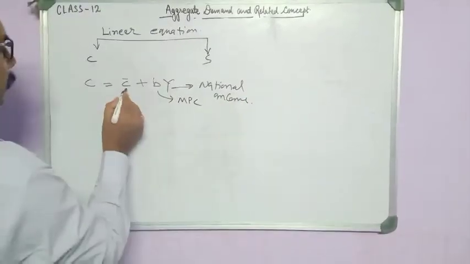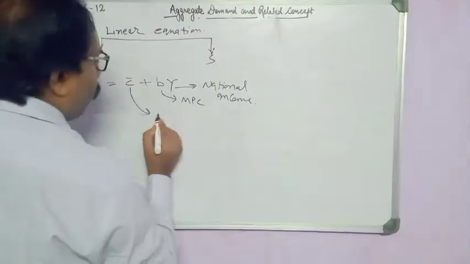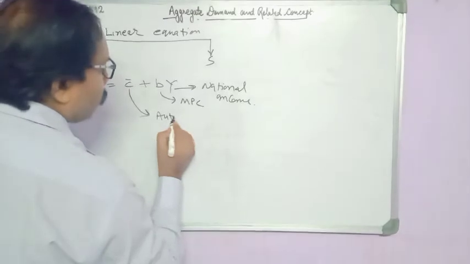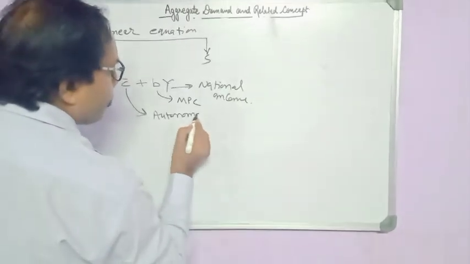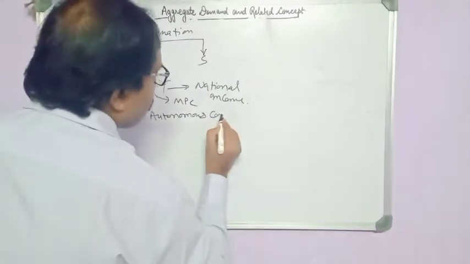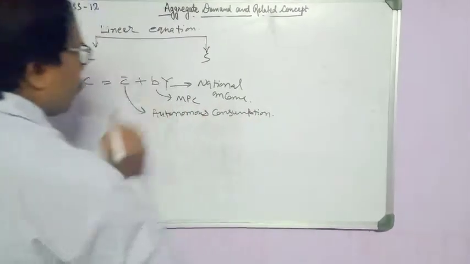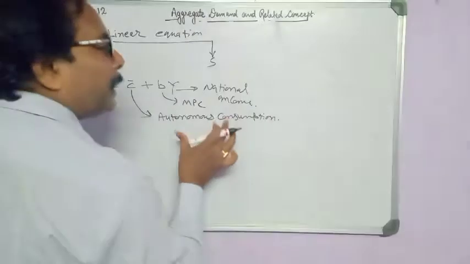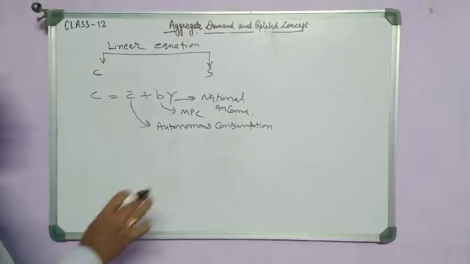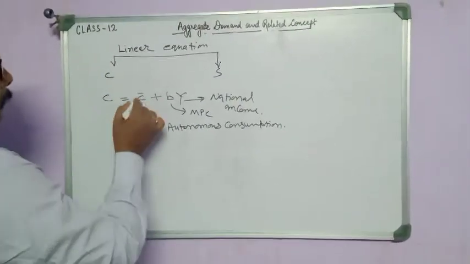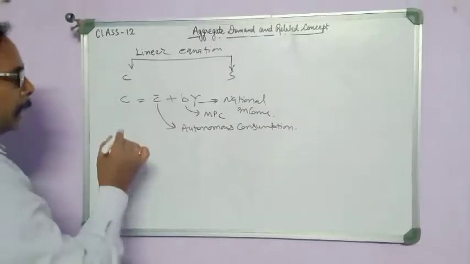And C bar is the autonomous consumption. Clear? And it is also known as the minimum consumption level for survival. So it does not get affected by income.